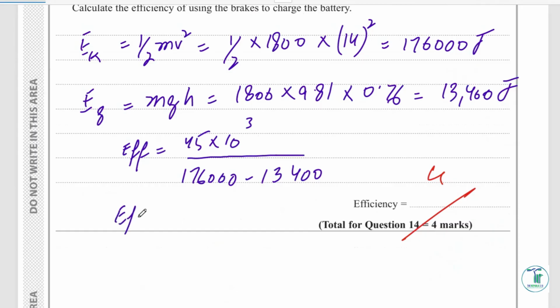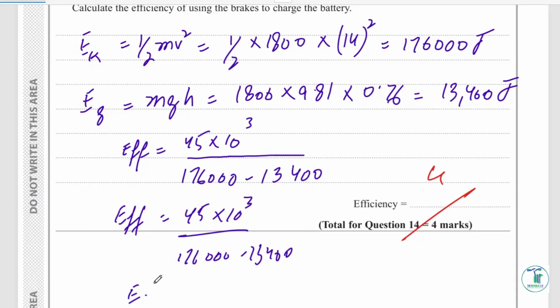When you divide them up, you would have an efficiency of about 0.27. So that is how we can easily calculate the efficiency.